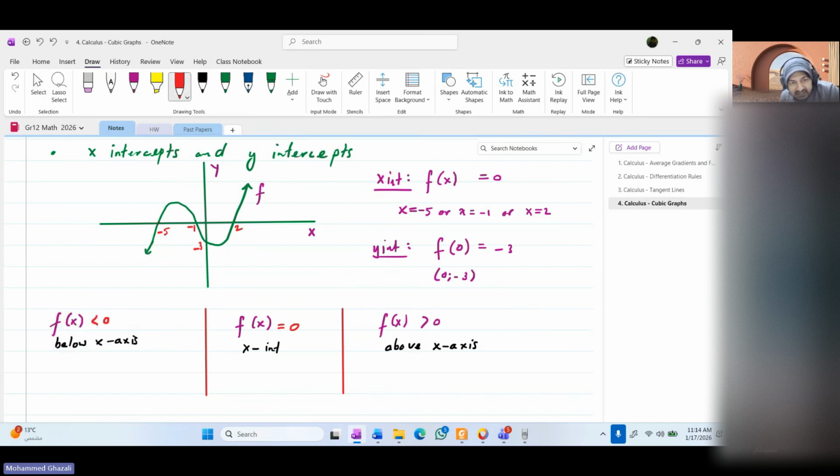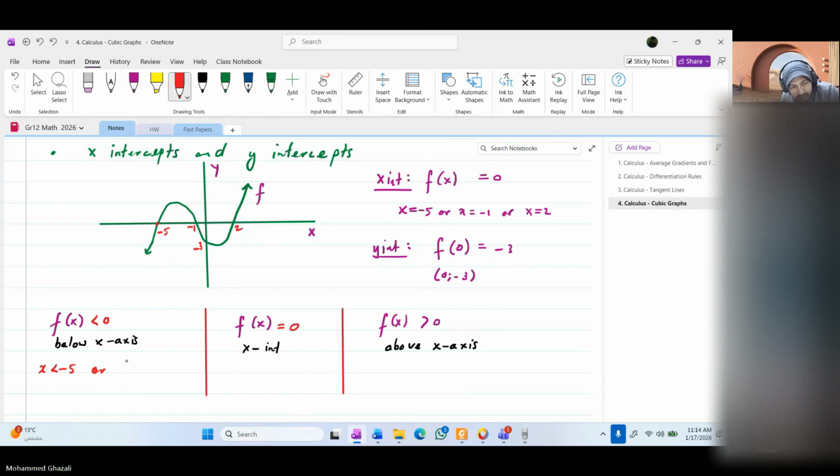It is below the x-axis when x is less than -5, or when it's between -1 and 2. It is below sea level, right? So think of the x-axis as sea level. Below sea level, it is less than -5 and between -1 and 2. Okay?